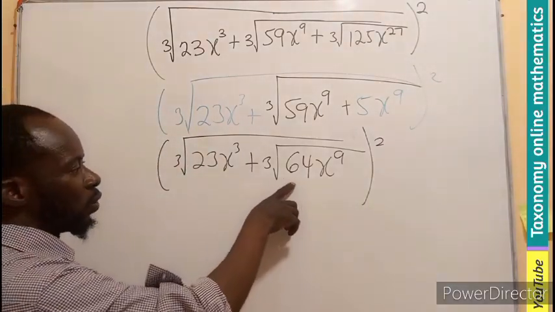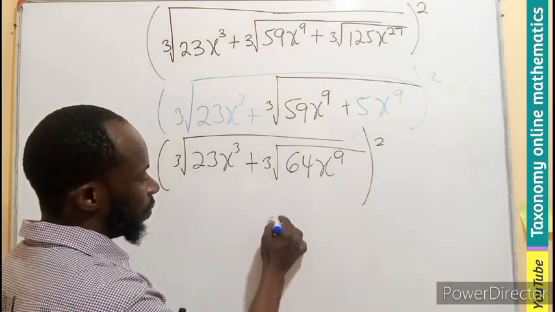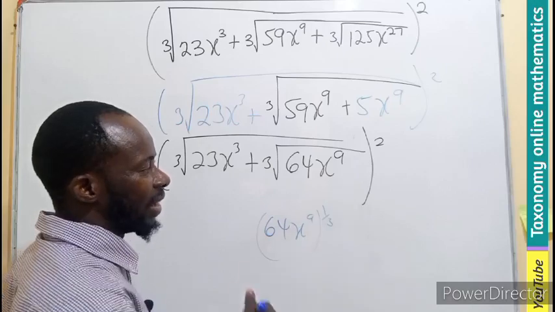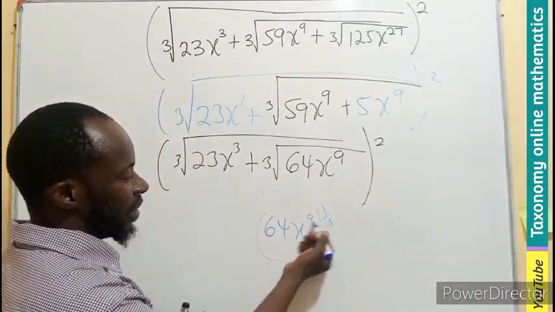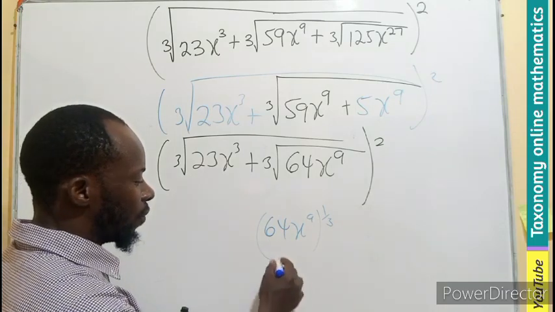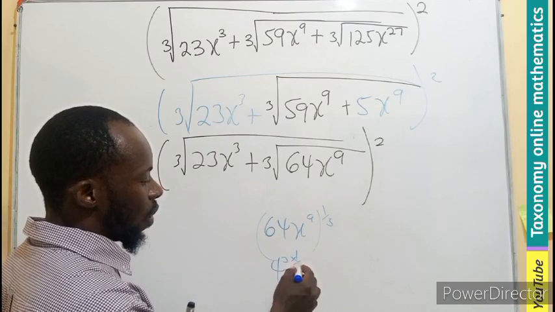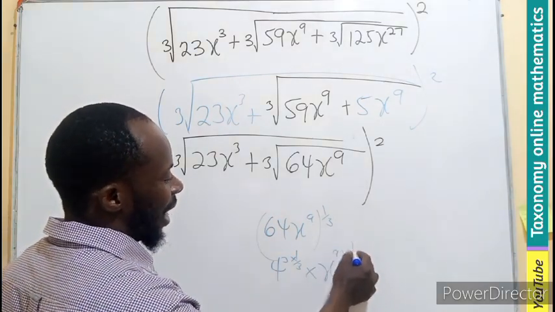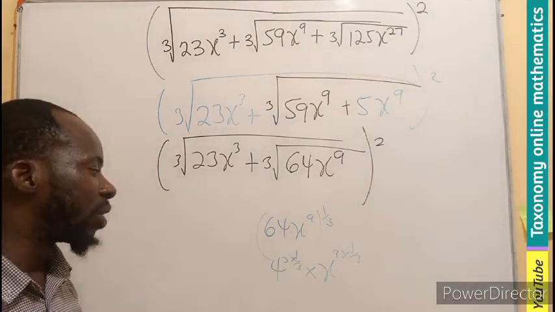Now we need to also work on this in the bracket. This means 64x exponent 9 raised to the power 1/3, the cube root, and the cube root we distribute. This is also going to be 4 exponent 3, that's 64, times 1 exponent 3 times x exponent 9 times 1/3. We distribute the power on each of the terms.